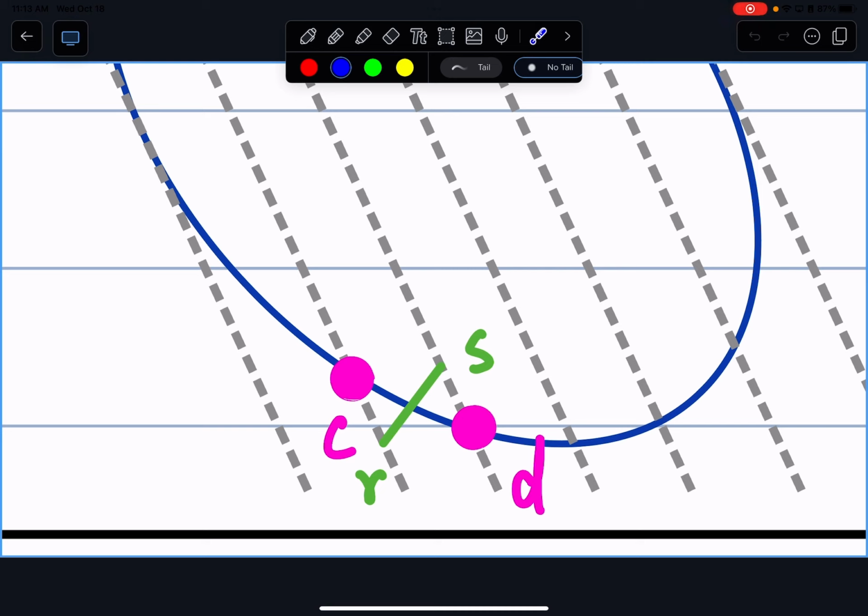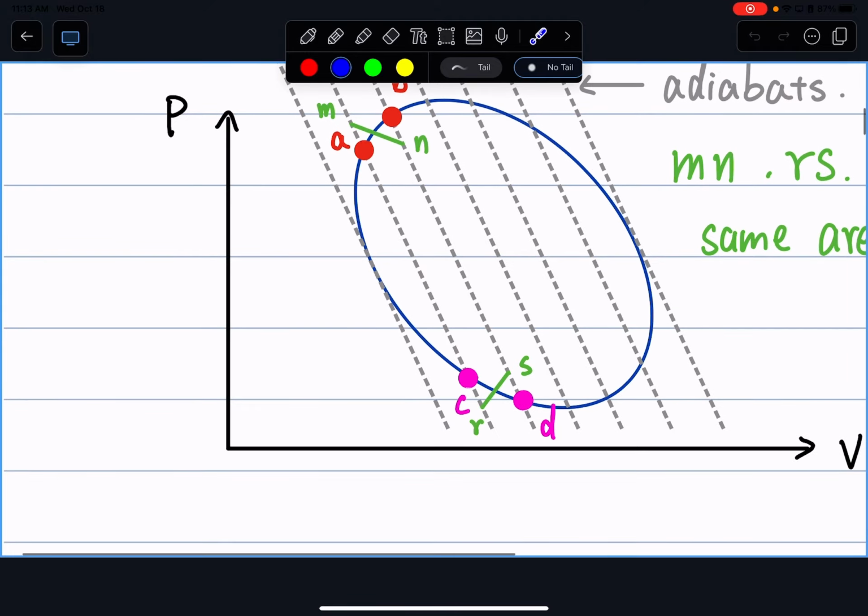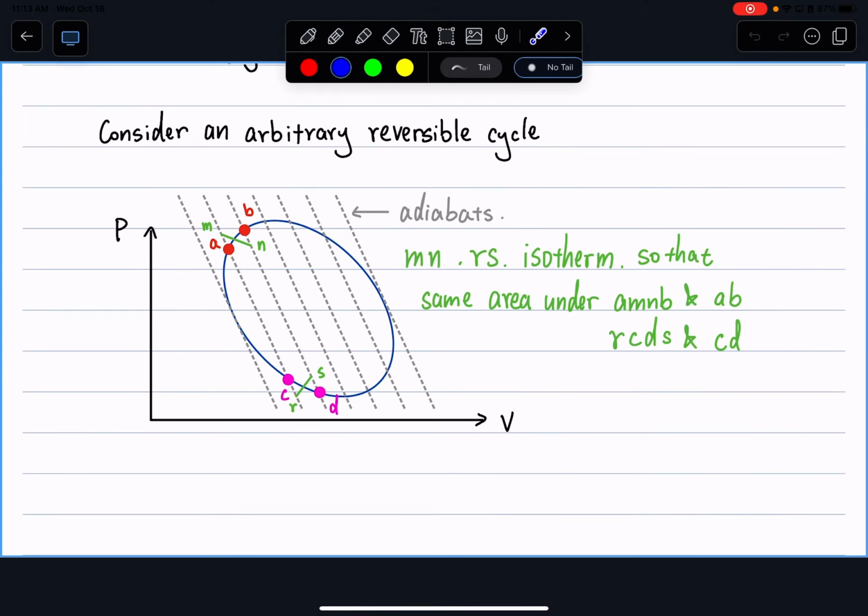But if we move these adiabats infinitesimally close to each other, we can approximate the temperature of CD as equal to the temperature of RS. That's just using calculus, moving these adiabats infinitesimally close to each other. By doing that, we end up having our final relationship that we are looking for.